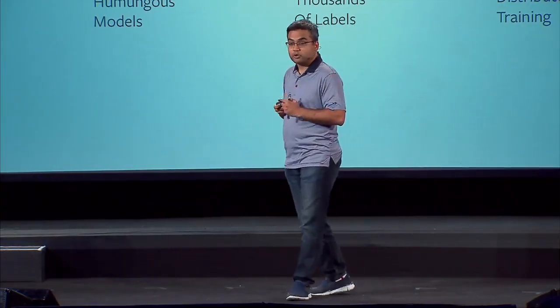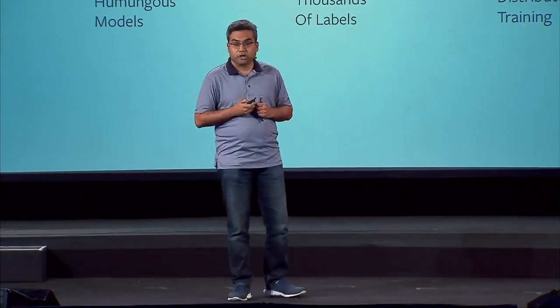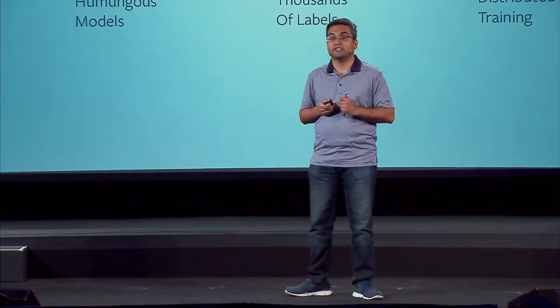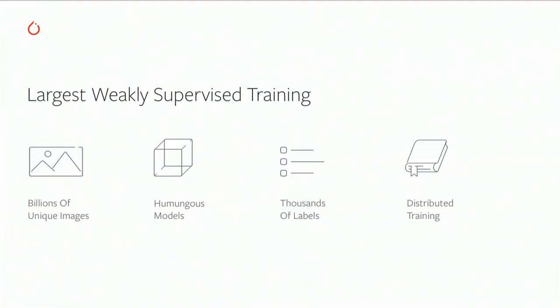What we have done at Facebook is train our deep learning models using hashtag supervision at an unprecedented scale of billions of publicly shared images. Our training is done at a scale which is an order of magnitude larger than has been done anywhere else. We are also able to recognize 17,000 different hashtags, and we leverage Facebook's distributed training infrastructure to train on a massive number of GPUs, and I'll come back to it in a while.